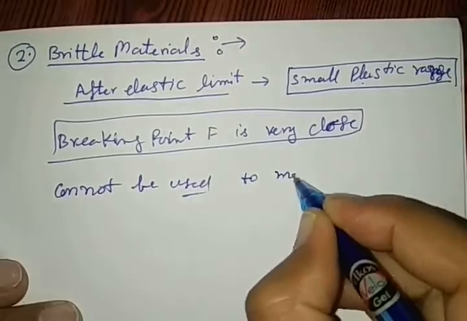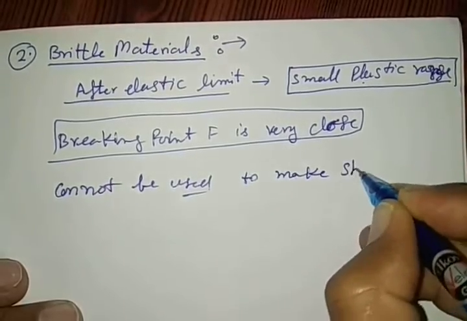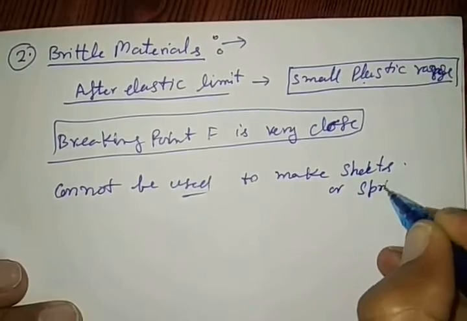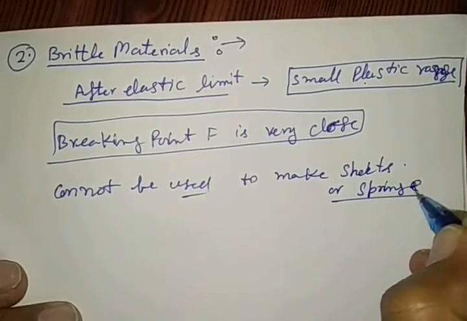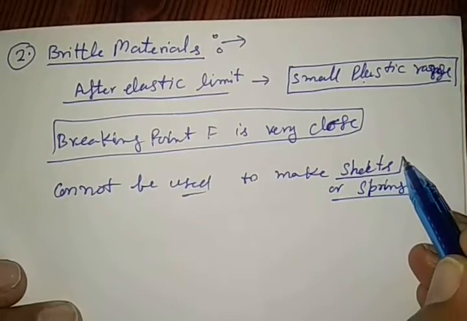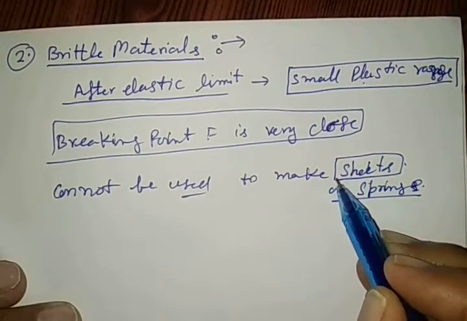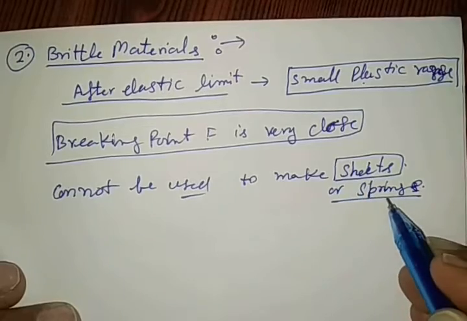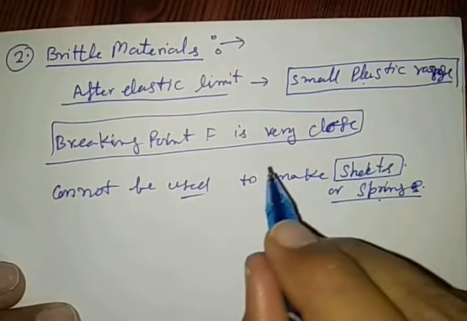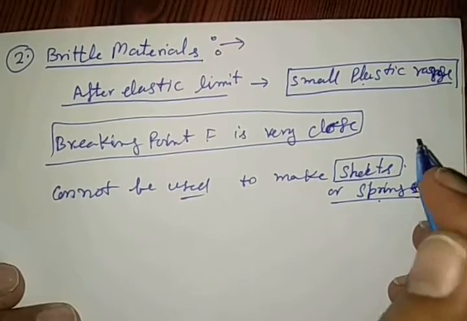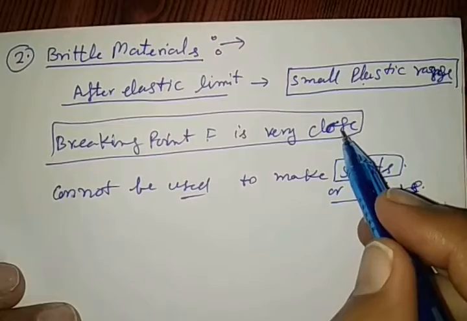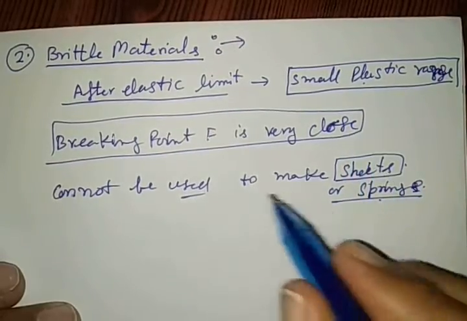to make sheets or springs. So we cannot draw the material in the form of sheets or springs, as they have no ductility property because of the small plastic range and the very close breaking stress point.